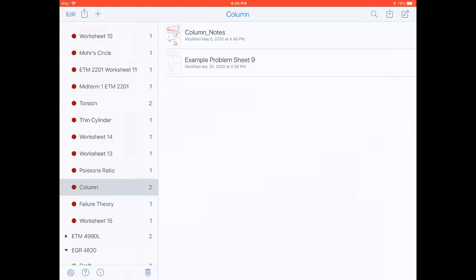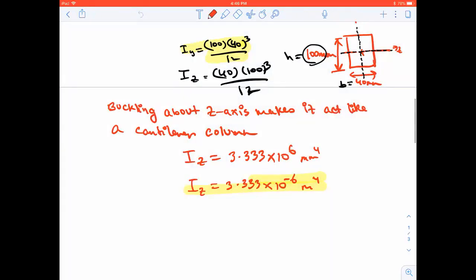So if I go back to my worksheet, I'm going to write it down like this. Now I know everything, so I'll just plug in.